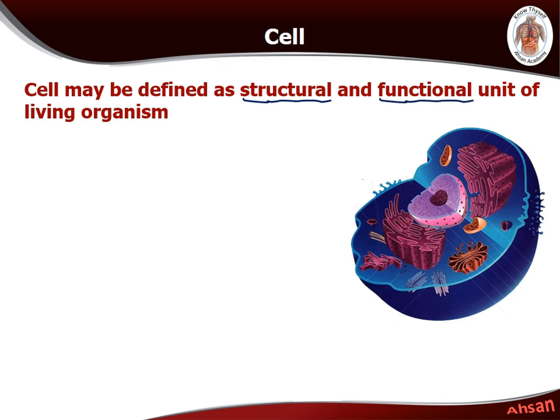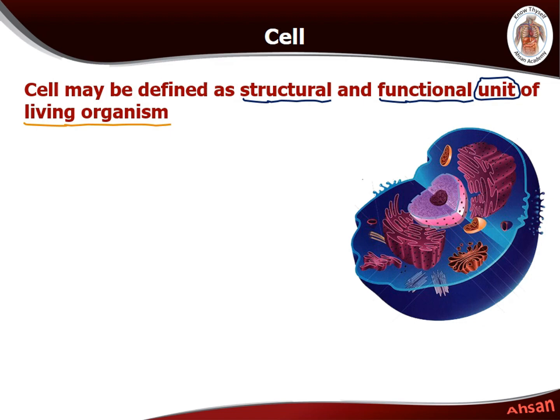If energy is produced in the form of ATP, this cell is responsible for the formation of the ATP. So this is the smallest portion of the living organism, that is the unit, and it is present in living organisms only. So these are the keywords in the definition process.